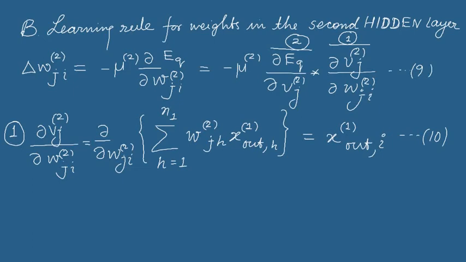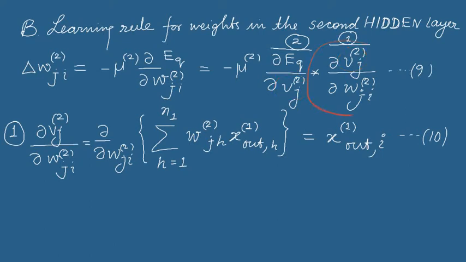So again we can use the chain rule, but here this evaluation is slightly different as compared to the output layer, and we will be using this with respect to Vj, as we have done earlier for the output layer.